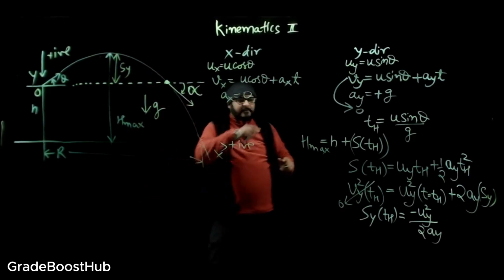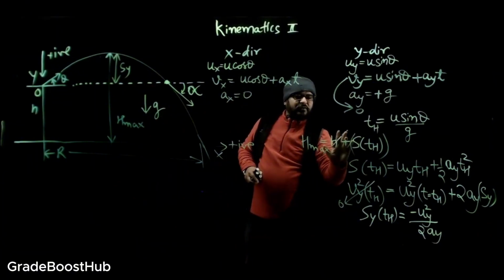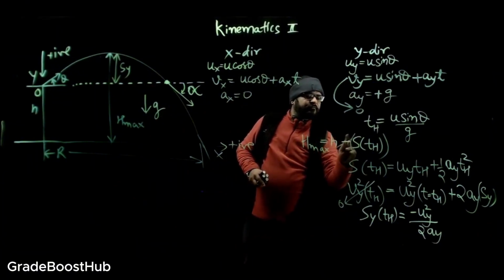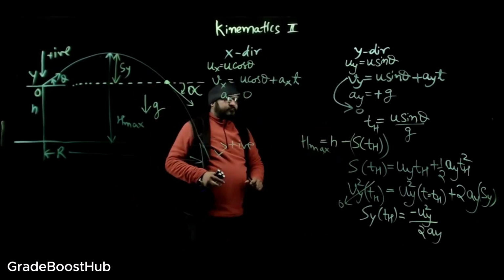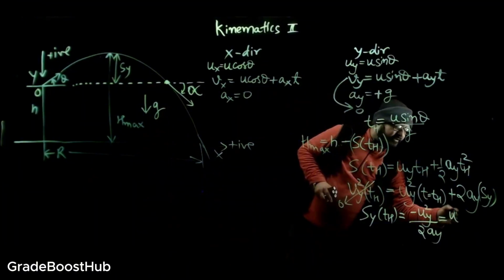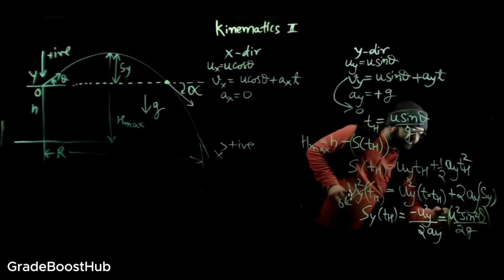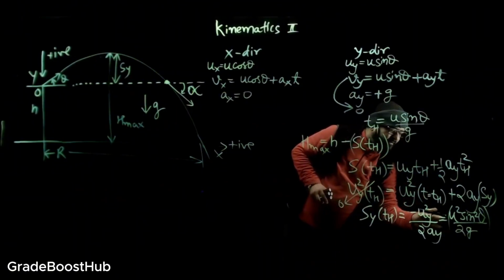Okay, so I really have to do like this. My Sy will be negative, which is clear. So it will be u square sine square theta by 2g, and there is a minus. Okay.